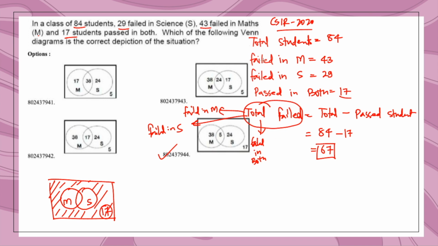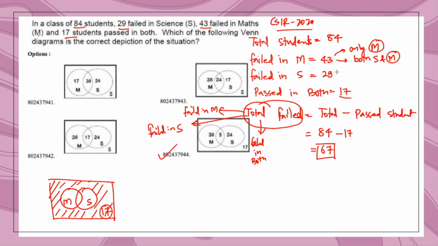Now, those who failed in maths include two groups: those who failed in only maths, and those who failed in both science and maths, because it only says failed in maths. So this 43 is made up of these two parts.